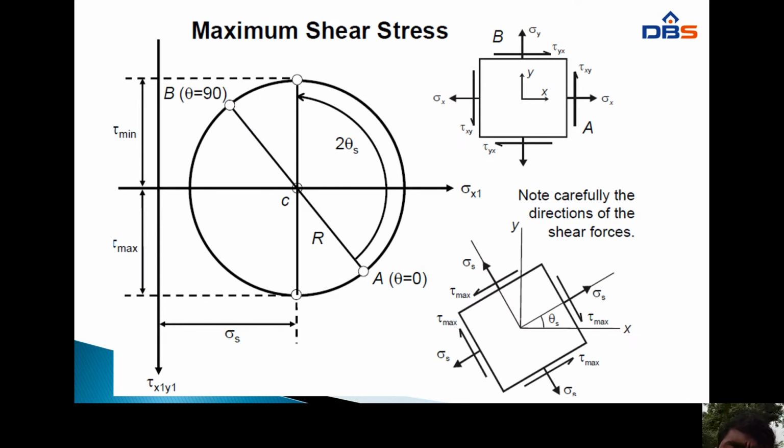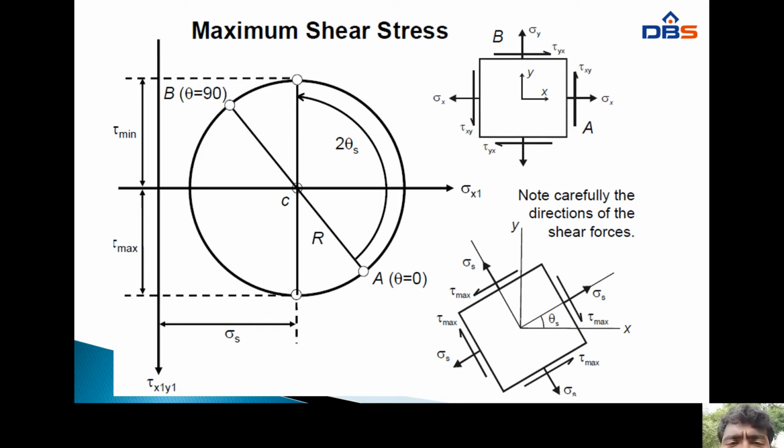Next, maximum stresses are acting on this plane. Okay, tau minimum and tau maximum. The maximum and minimum stresses are acting. This is the horizontal line. Next, the vertical line, sigma x1 is the horizontal axis line, and the AB line is passing through the center point. The radius equal to r, and the angle 2 theta s.